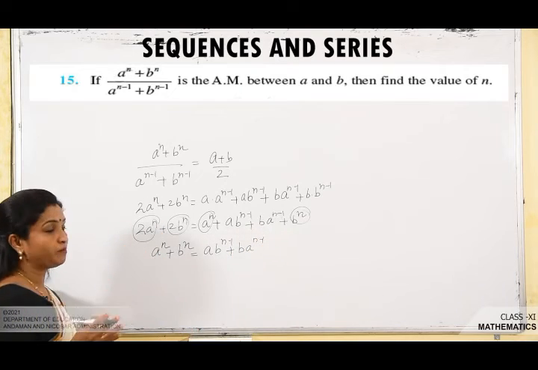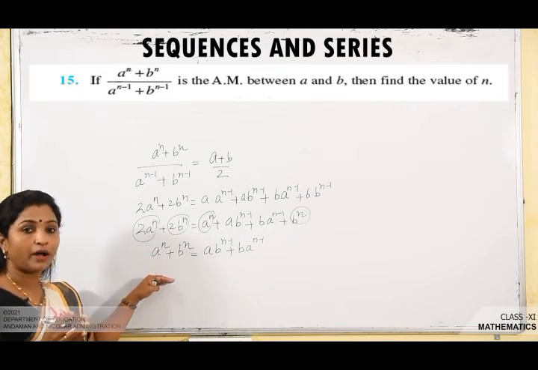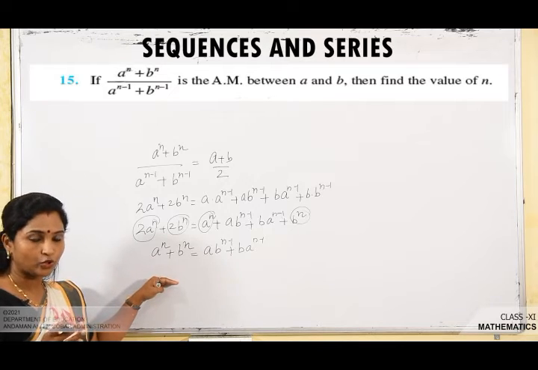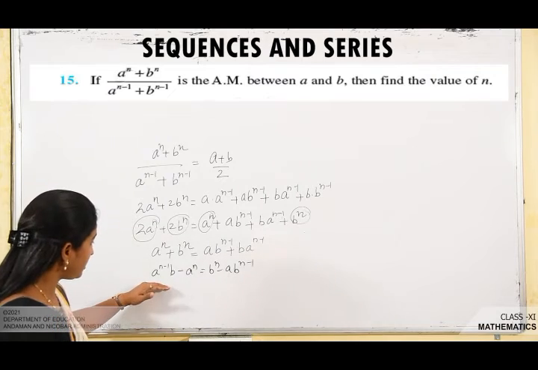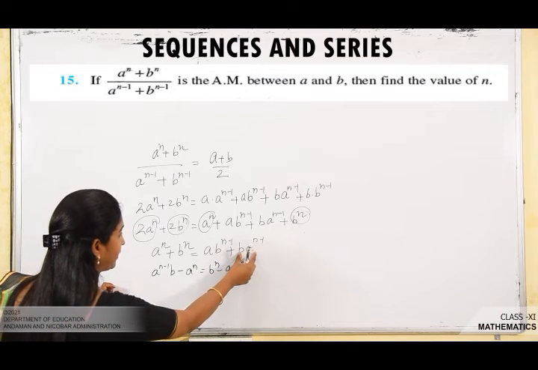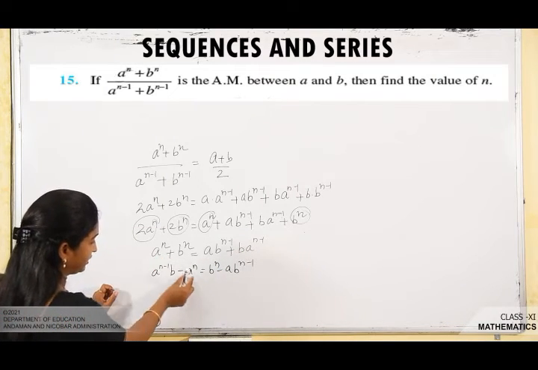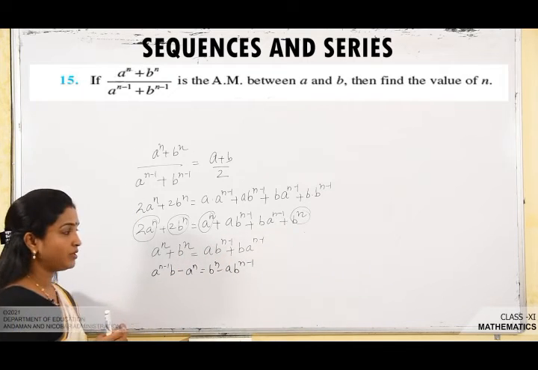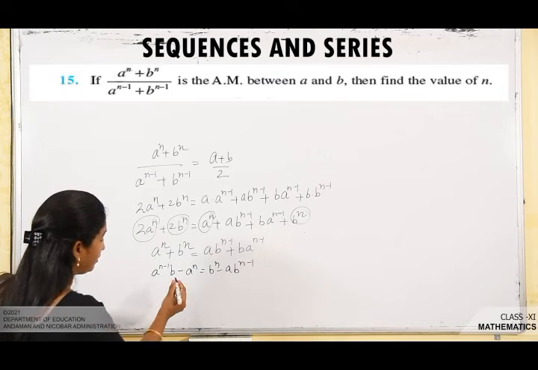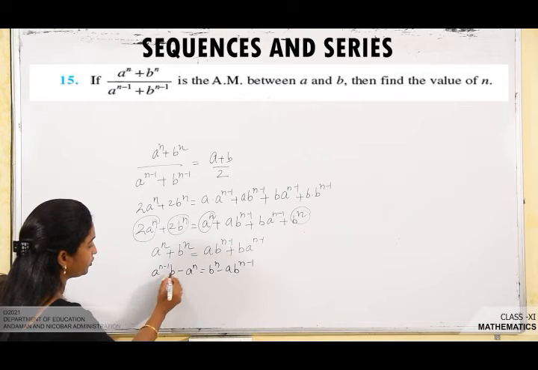Now after that you have to simplify. Here the simplification part is a little difficult. ठीक है ना, थोड़ा सा यहाँ पे difficulty है आपको simplify करने के लिए. Now if you see what I have done, I have combined A to the power N minus 1 B with A to the power N, and B to the power N with AB raised to N minus 1. So which term are you going to take common?